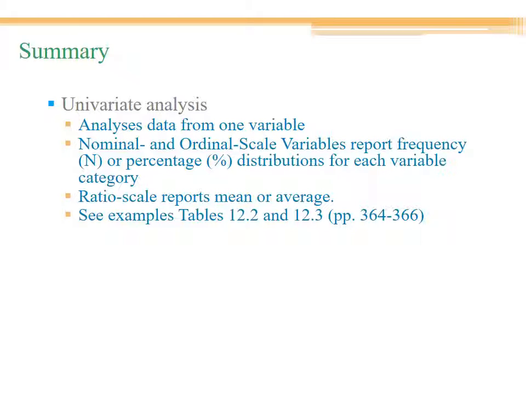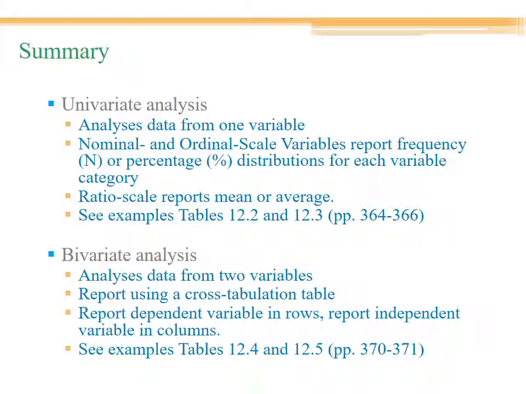So in summary, a univariate analysis is an analysis from one variable. In nominal and ordinal scale variables, you can report it as a frequency, the number of cases, or a percentage distribution for each variable category. Ratio scale are reported as a mean or average. You can see examples of this in tables 12.2 and 12.3.